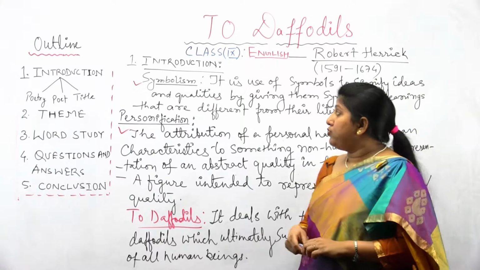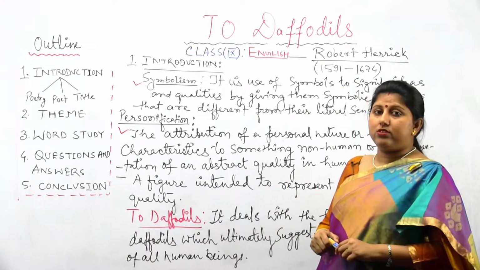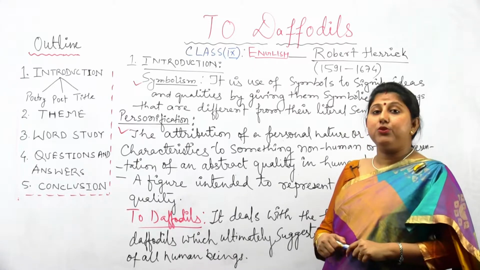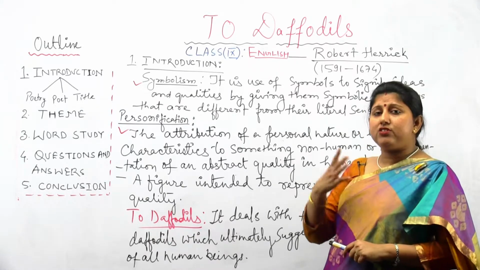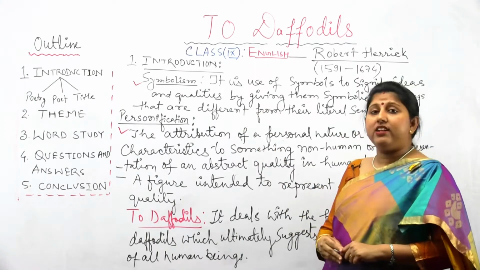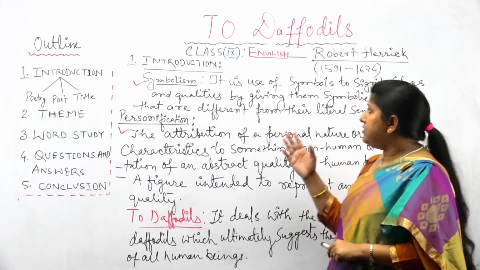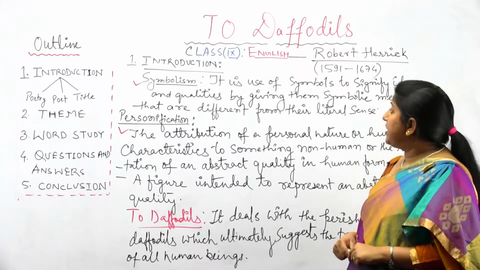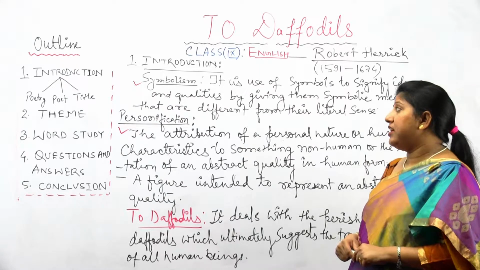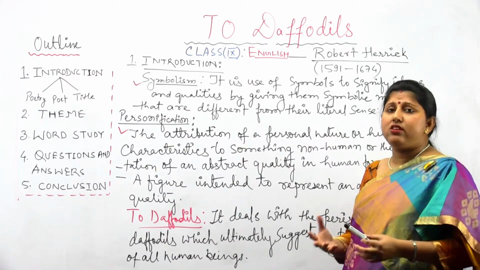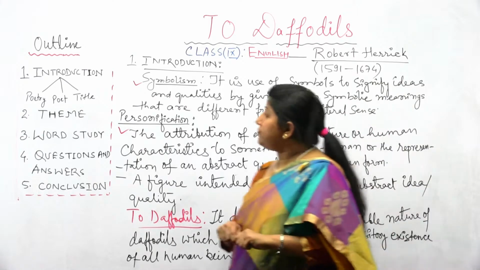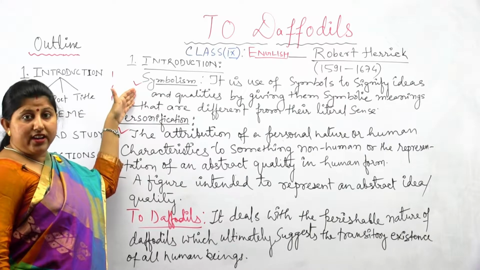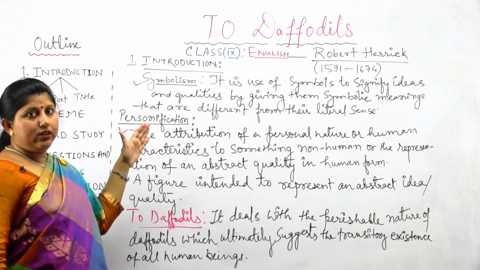Fine. So, look at the board. The term symbolism. How the poet used this literary device. First of all, you have to understand this term. It is the use of symbols to signify ideas and qualities by giving them symbolic meaning that is different from their literal meaning. Now see, two daffodils, how this literary device is used here.